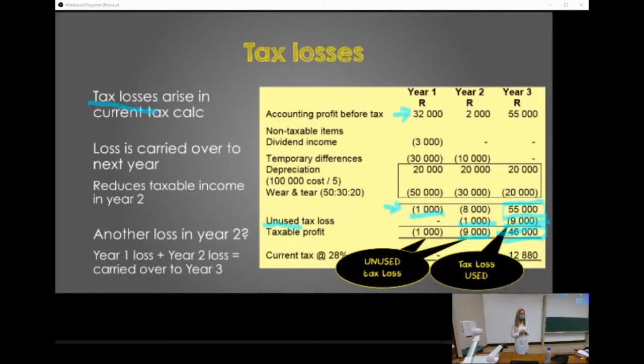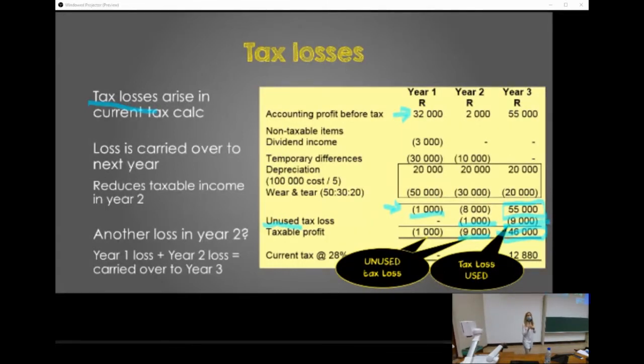Okay. So we have an unused tax loss for years 1 and 2, and then we use or utilize the tax loss in year 3. So that's the first term that you have to know. If you see that in the question, if I tell you there was an unused tax loss of this amount, then you should know what we are talking about.